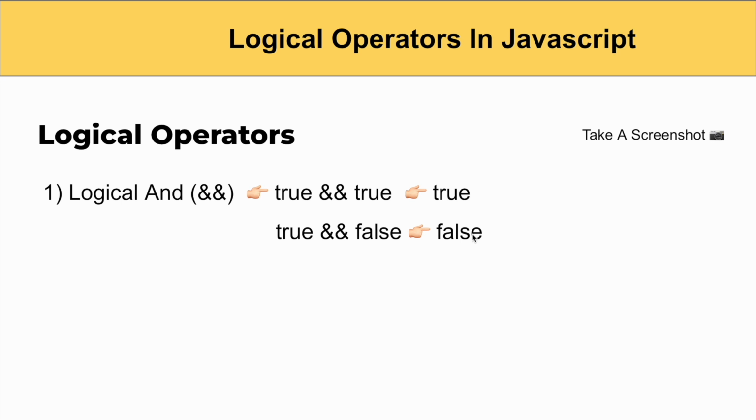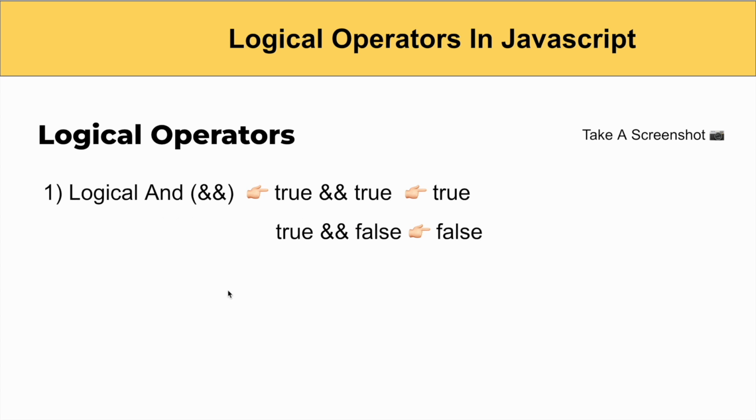So that event in the real world scenario would be false. In programming, that expression would result in false, and you will understand it a lot better when we solve some practice problems in the code editor in a while. But this is just a quick overview of what logical AND does.